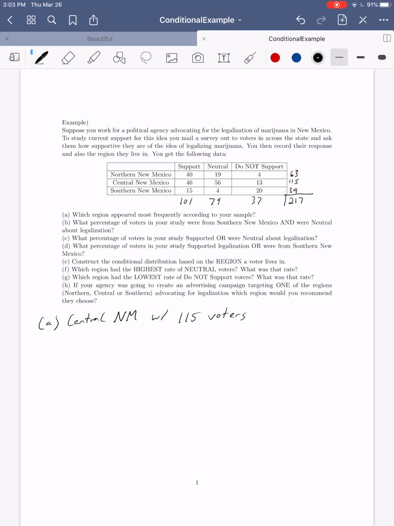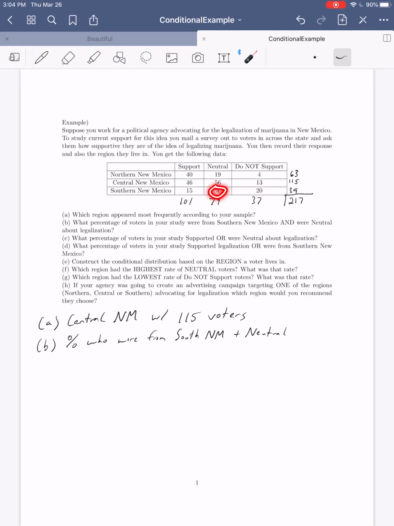All right, now we want in B to calculate the percentage who were from southern NM, and they felt neutral. So we need people who had both the traits of being from southern New Mexico and who also felt neutral. We can see that the people from southern New Mexico are down here in this bottom row. The people who are neutral were in that middle column.